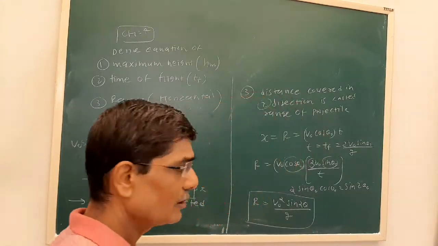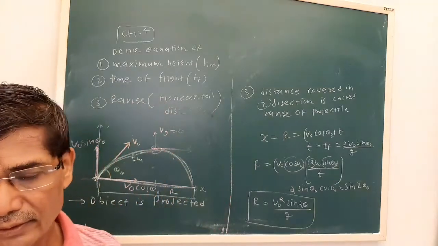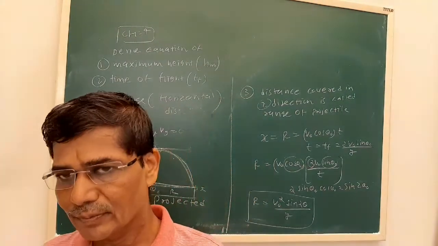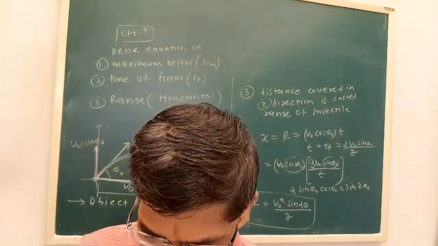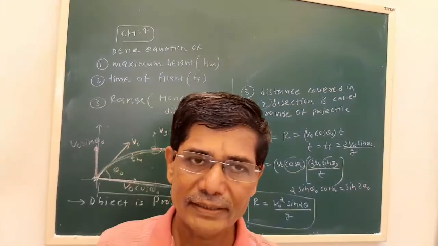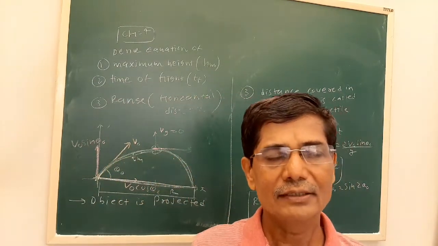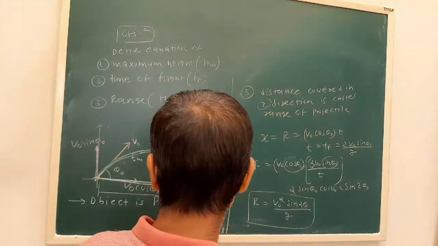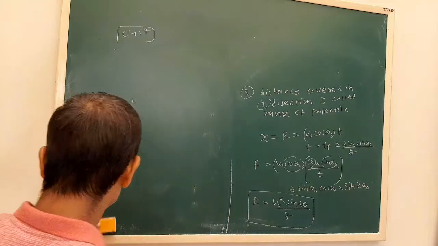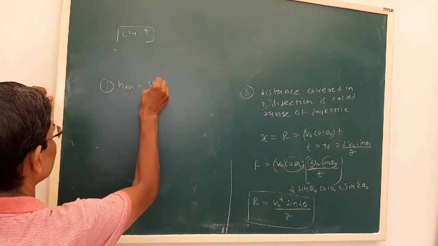Okay, first we have seen what is projectile motion. We proved that the path or trajectory of a projectile is parabolic. We also derived the equation of maximum height, that is hm, time of flight, that is tf, and the range of the projectile. These are the three equations which we derived.